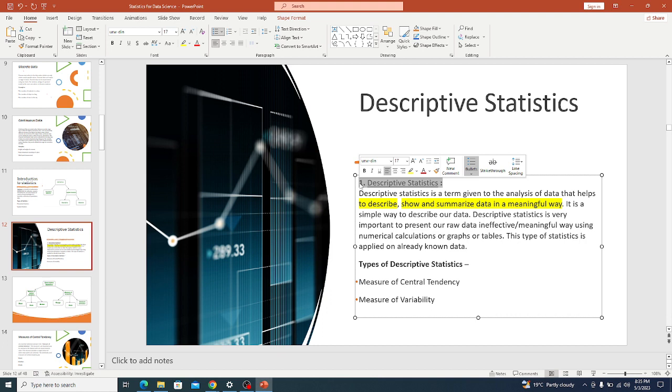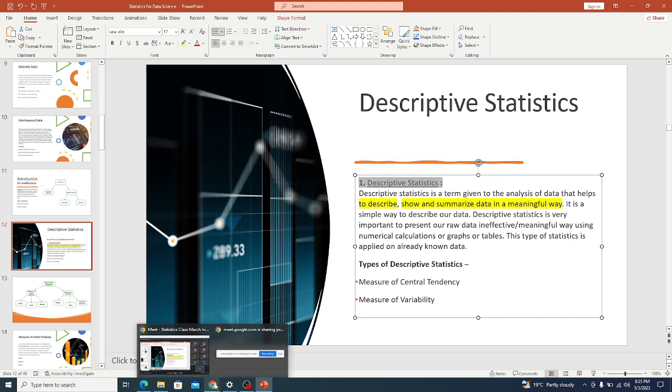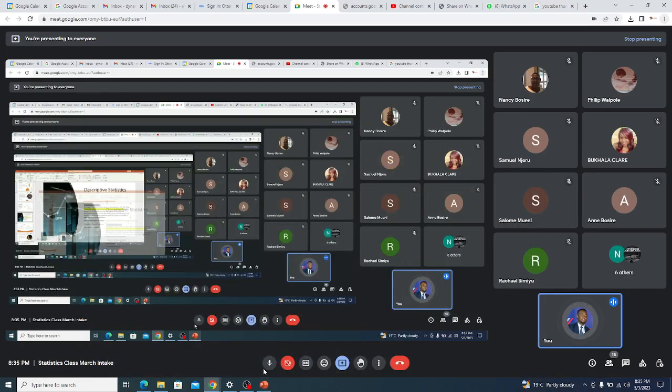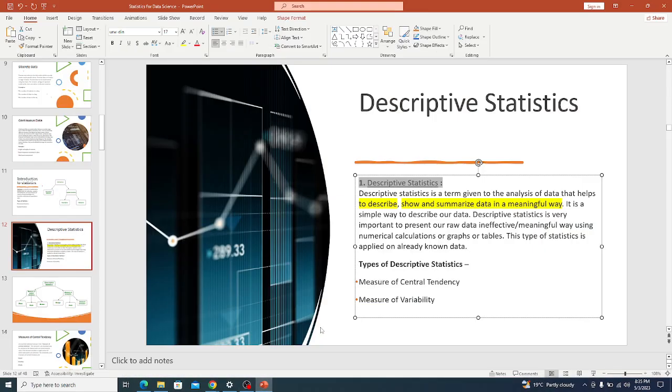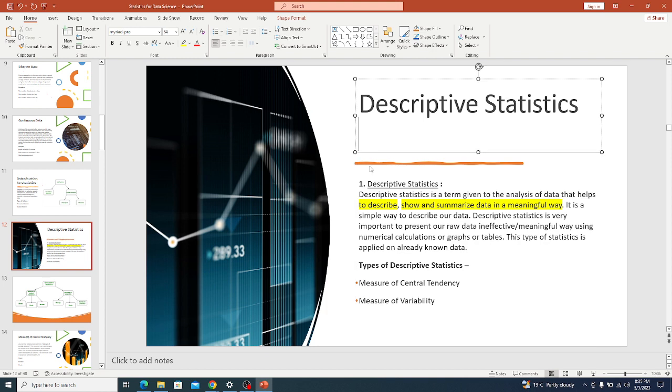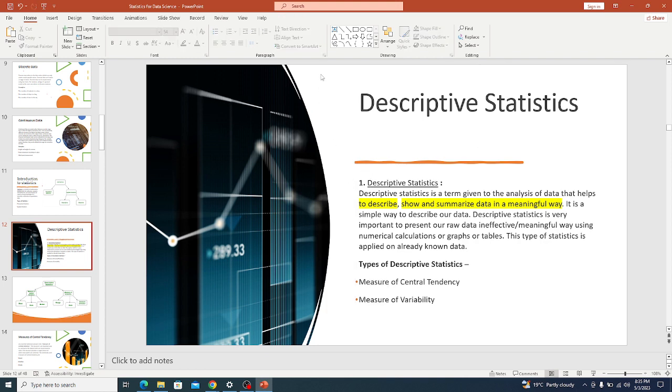Now, back to you, class, for your participation. What is mean? How can you define mean? When you are defining, make sure you use your terms correctly. Let's start with the mean. What is mean? Someone?